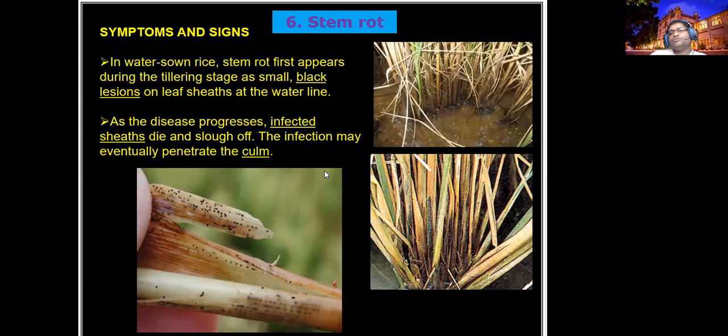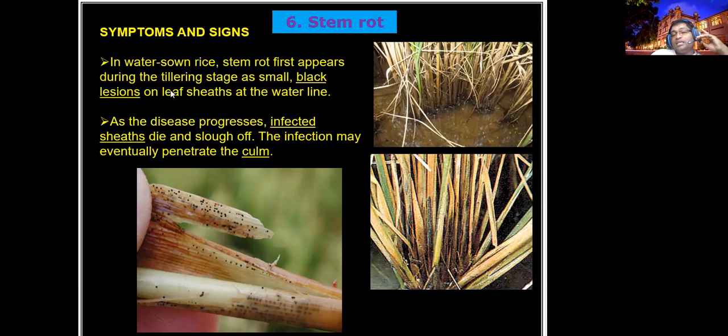Another disease is stem rot. Stem rot is also caused by some of the sclerotia-forming fungi, right? Normally stem rot and sheath rot are economically not important when considering Sri Lankan conditions, but they matter in water-zone rice.